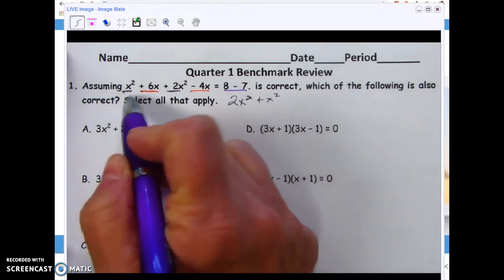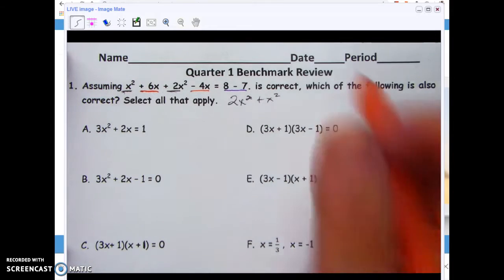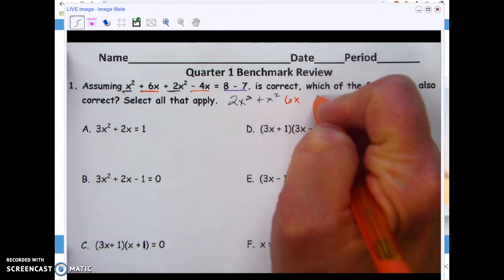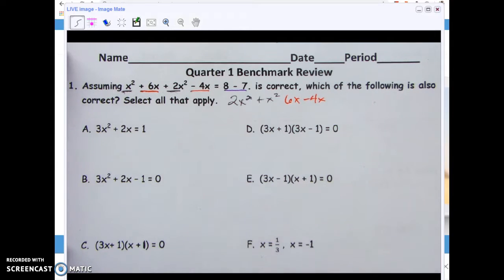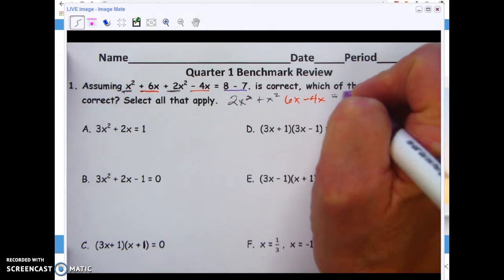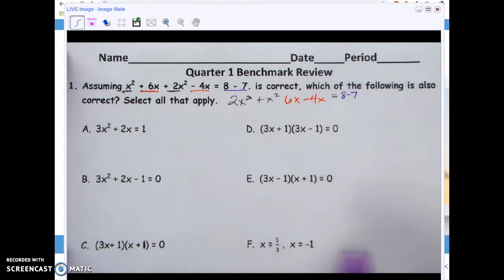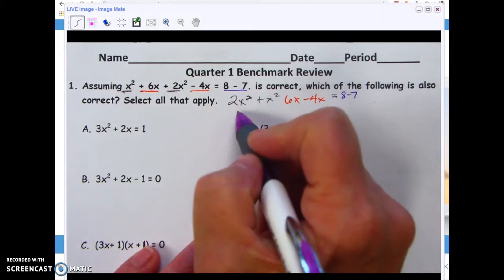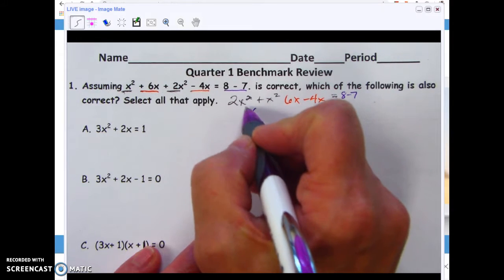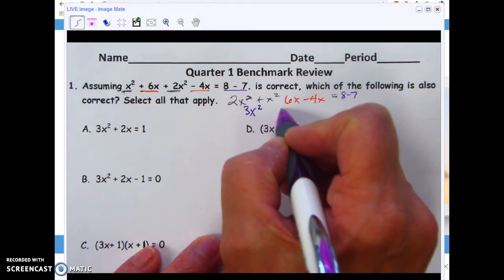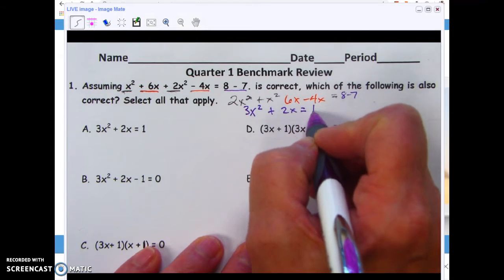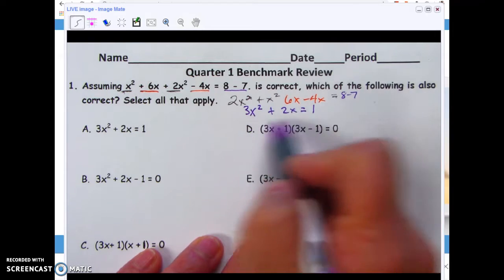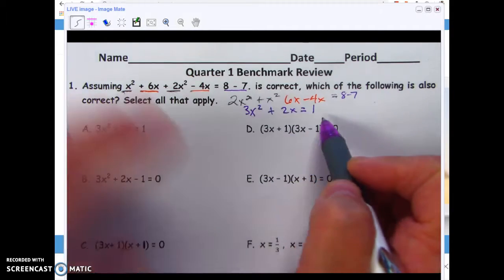I brought those two together, and then 6x minus 4x. And then that is equal to 8 minus 7. Now, bringing all the terms together, this is going to give me 3x squared plus 2x equals 1. All right, so that is the equation that I'm starting with.